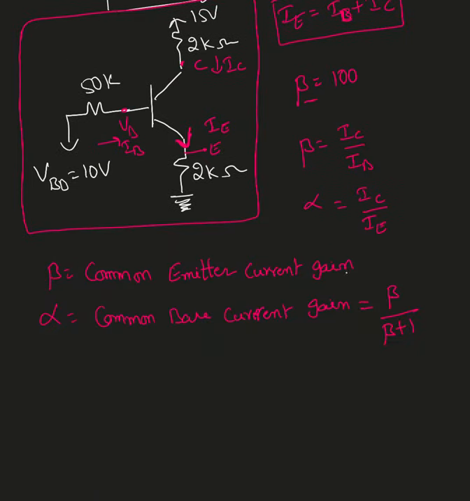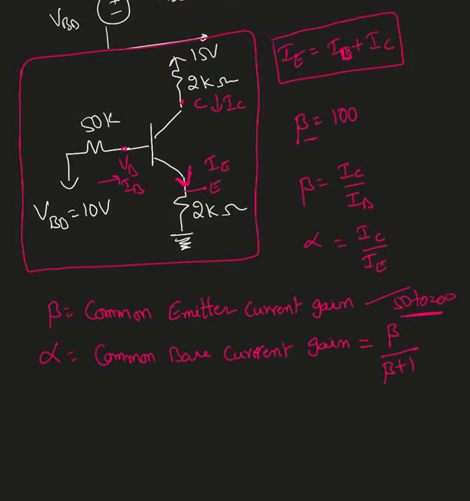So beta is the common emitter current gain, and alpha is the common base current gain. The alpha value is always less than 1, most probably close to 1, and the beta value is between 50 and 200. That value is always given by the manufacturer. So in this example, he gave us the beta value as 100.